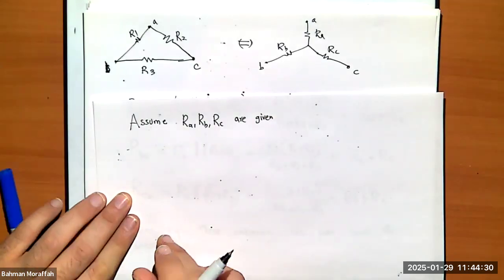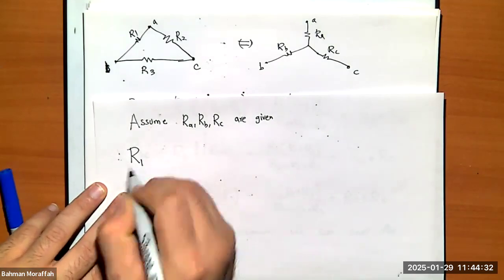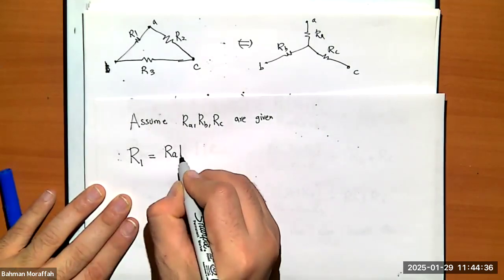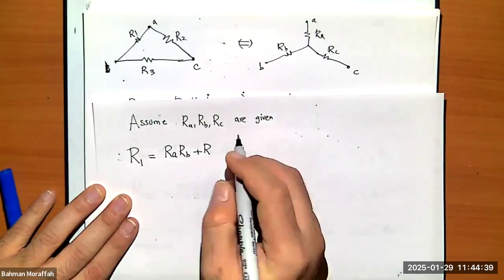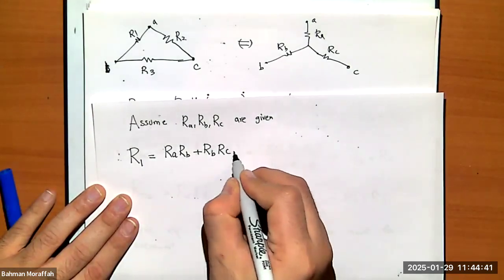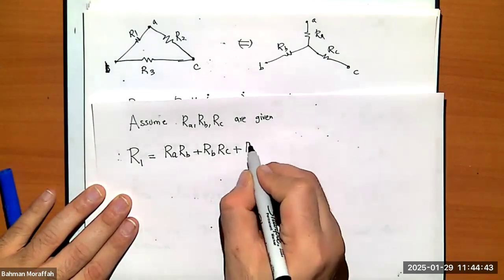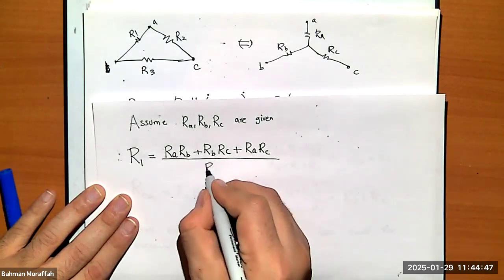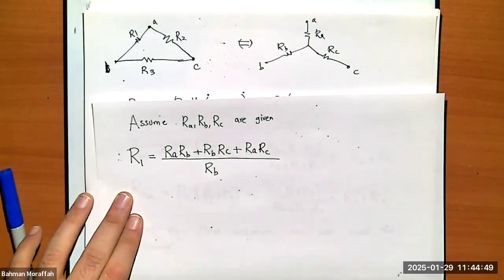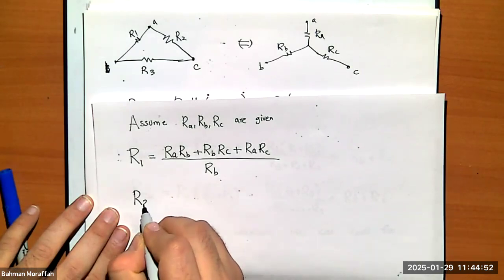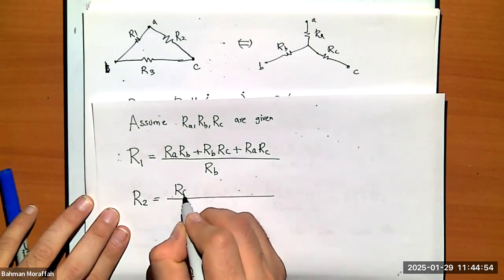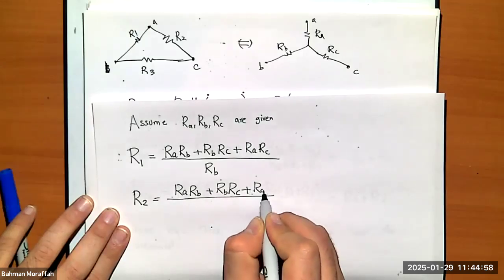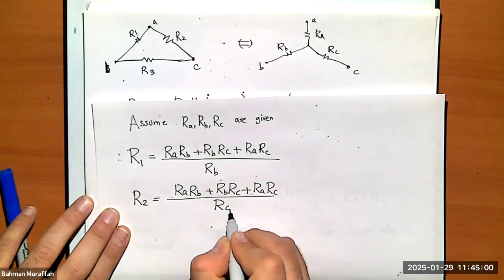If I want to do this, it turns out R1 is (RA RB plus RB RC plus RA RC) divided by RB. R2 is (RA RB plus RB RC plus RA RC) divided by RC.